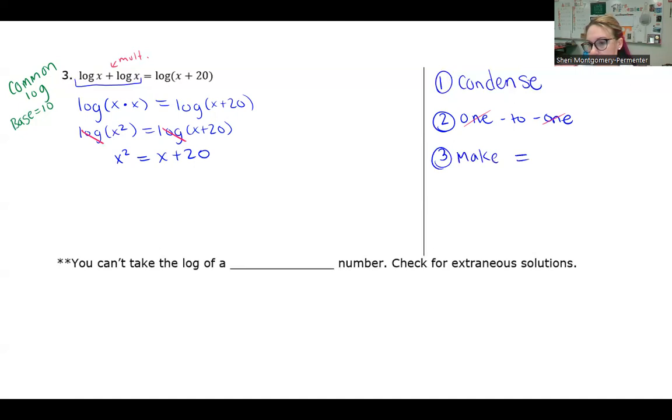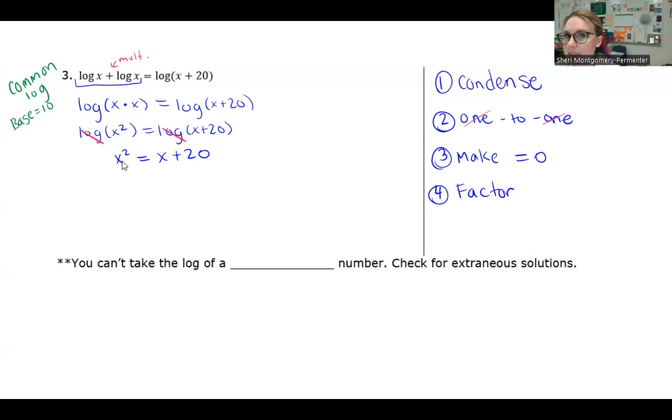We got to make it equal to 0. Then we factor.